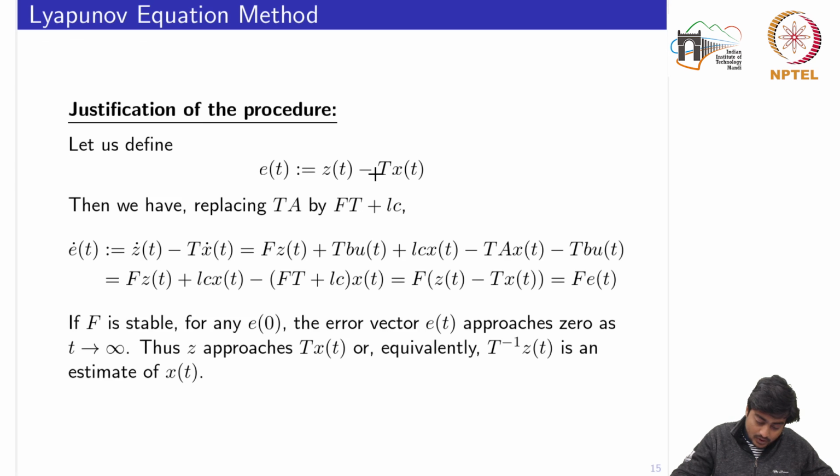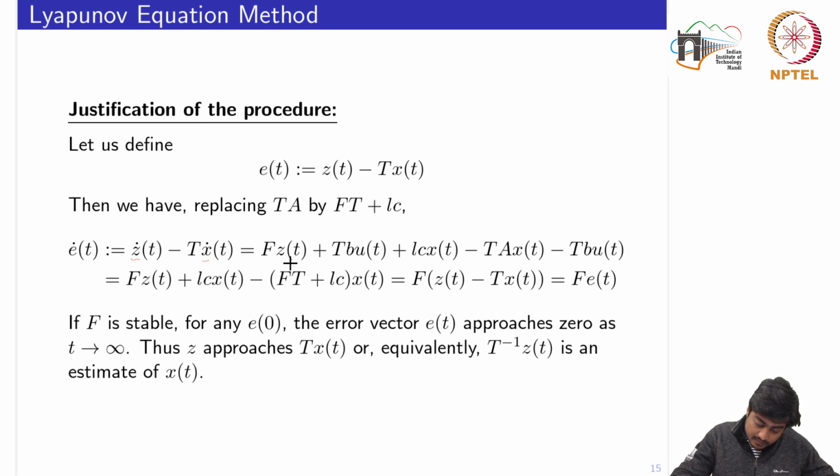Following a similar procedure, we first take the derivative of this error, so we get z dot minus T x dot. Then I replace z dot and x dot by their respective equations. So z dot is basically Fz plus TBu plus LCx, or Ly, and T would be pre-multiplied with this complete equation, which is Ax plus Bu, which is x dot.